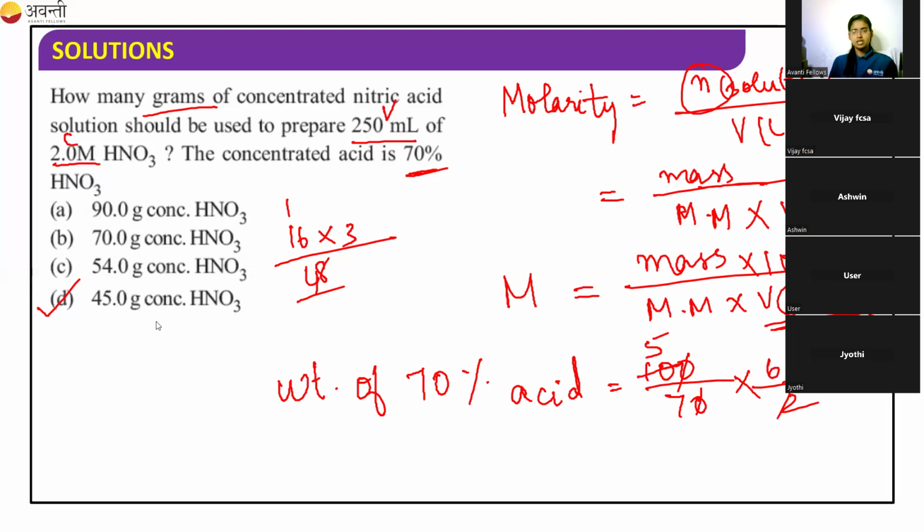You can go first. One of you calculate and tell me, 5 into 63 divided by 7. Let's check whether we are getting 45 as the correct answer or not. 45, no? Yeah. So it will be 45.